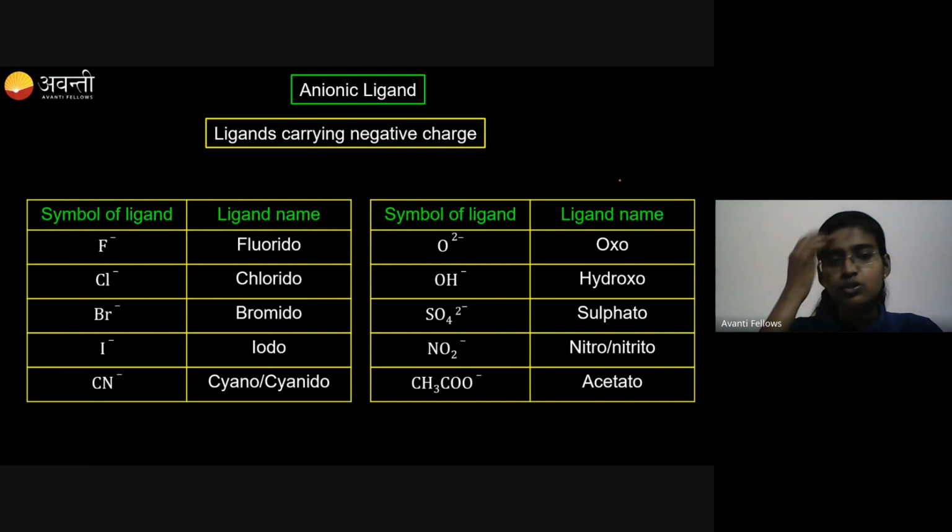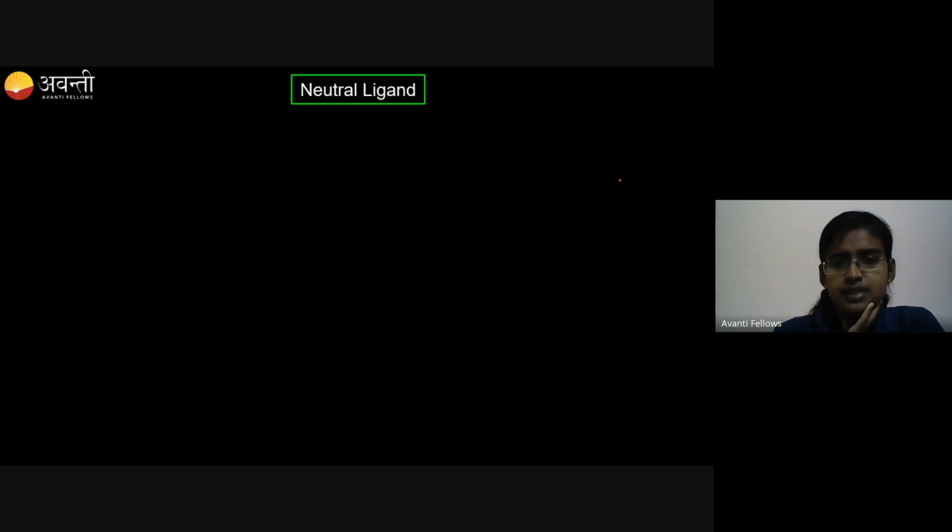You have to memorize all the ligand names, because you have to use all these names in the nomenclature for coordination compounds. Okay, so I'll go with the next set, which is called neutral ligands.